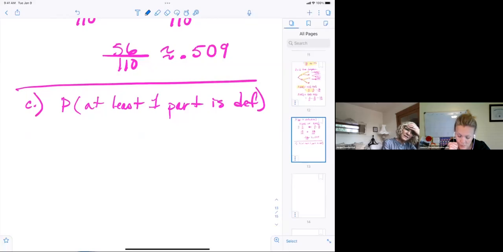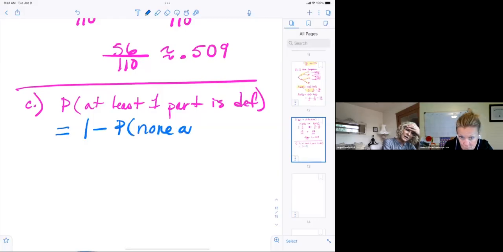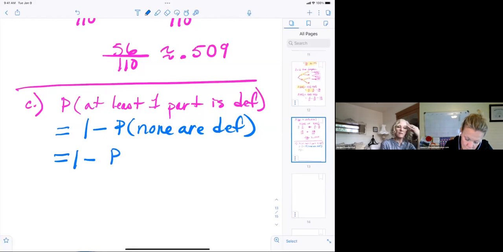The probability of at least one part is defective is the same as 1 minus the probability that none are defective. Probability of at least one defective is 1 minus the probability that none are defective.